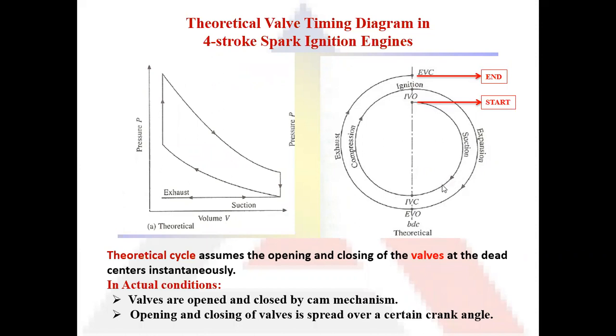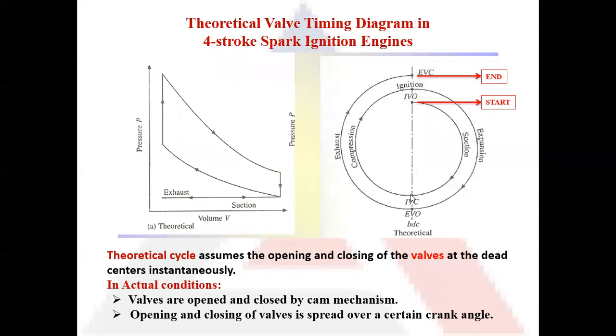As the crank rotates 180 degrees, the piston reaches the bottom dead center. Now at the bottom dead center, the suction stroke is complete. Here we have a dot, it says IVC. IVC stands for inlet valve closes. So at bottom dead center, the inlet valve closes.